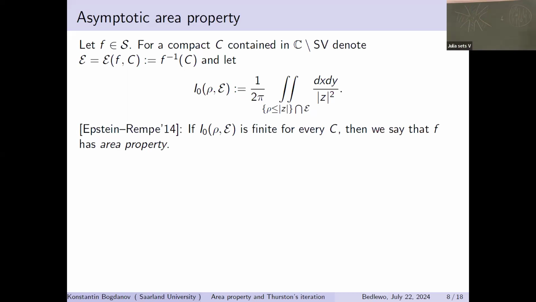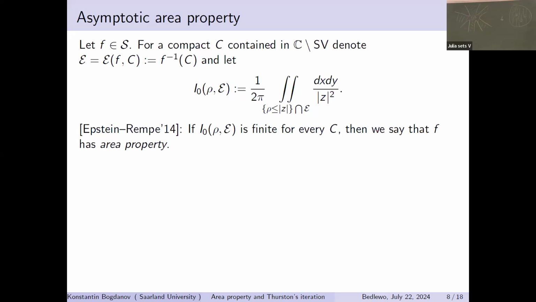We say that our function f has the area property if the cylindric area of this set, measured starting from the circle of radius 1 and towards infinity, is finite for any compact set.